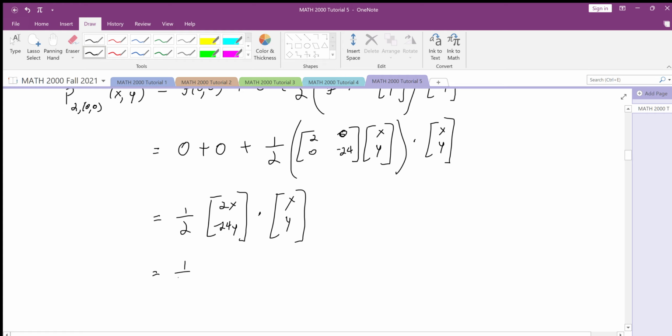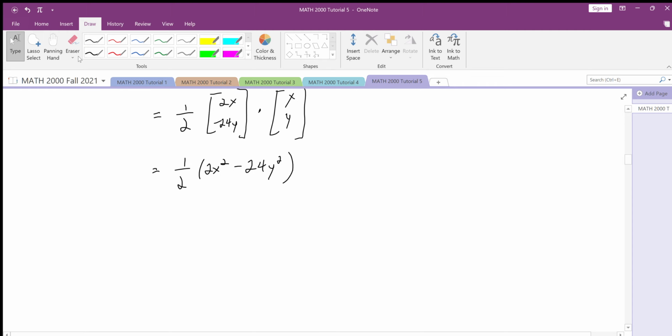So that's 1/2 times (2x squared minus 24y squared), which is x squared minus 12y squared. And this is the second order Taylor approximation at (0, 0). So I'll write that down: P2 at (0, 0), (x, y). This is the second order Taylor approximation.